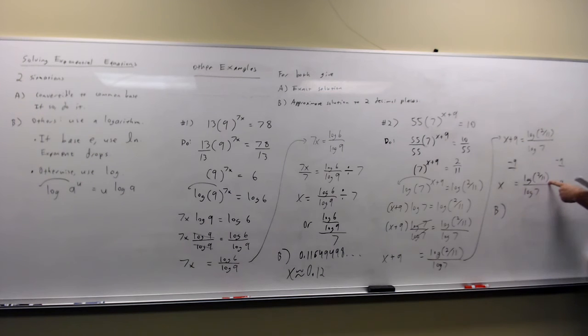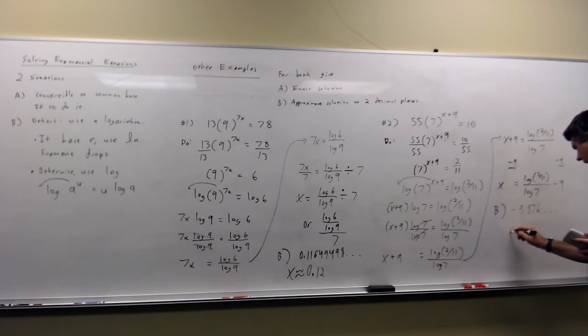Negative 0.74 divided by the log of 7. Now I have negative 0.876 and subtract the 9. Negative 9.876 and so on, who really cares? Second decimal place, I'm rounding up. X is approximately negative 9.88.